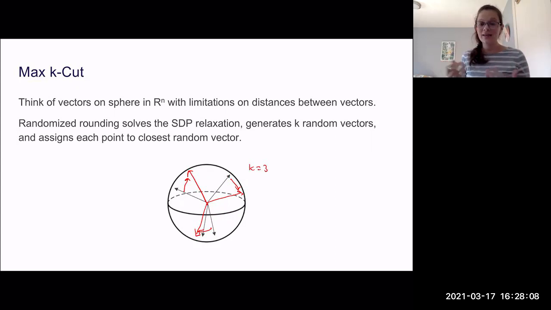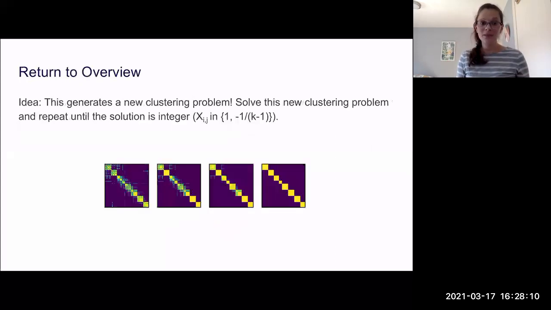So in essence, I've defined a new clustering problem. And that's the new take on how to think about rounding this: this generates a new clustering problem. So why don't I solve that new clustering problem using a semi-definite program relaxation again? And I just keep going.